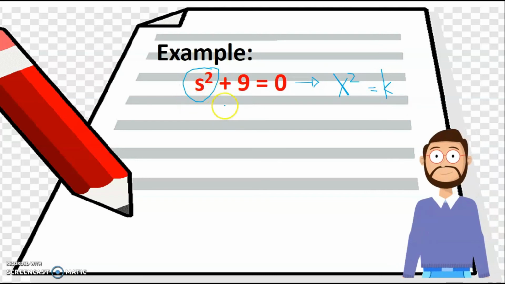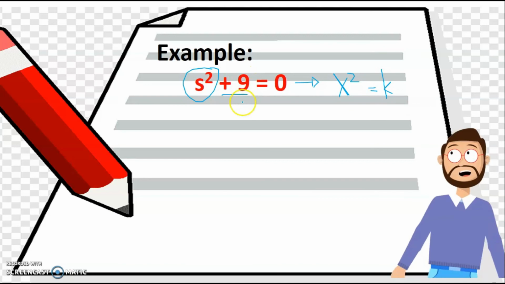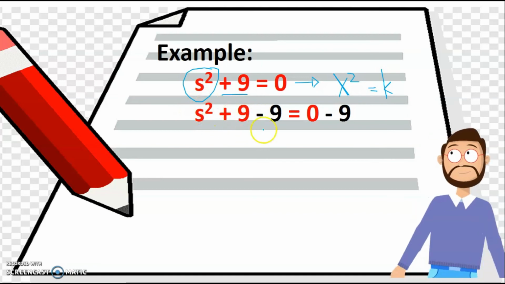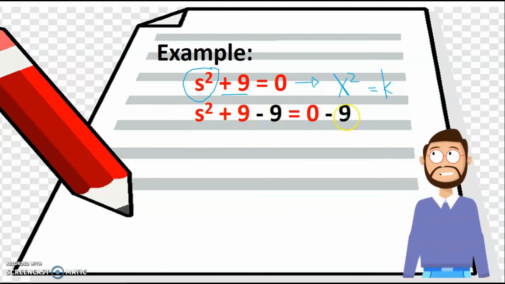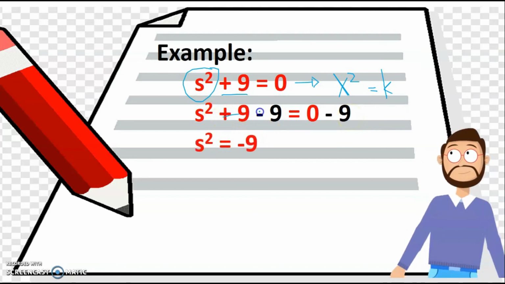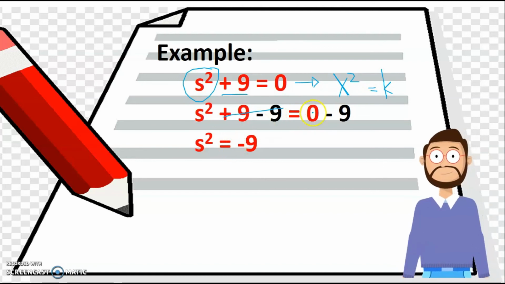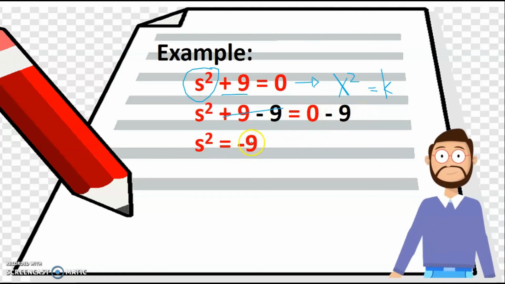Since we have positive 9 here, we have to subtract 9 from both sides of the equation. So we have here s squared plus 9 minus 9 equals 0 minus 9. That will give you s squared, as these two terms will be cancelled out, equals 0 minus 9, which is negative 9.